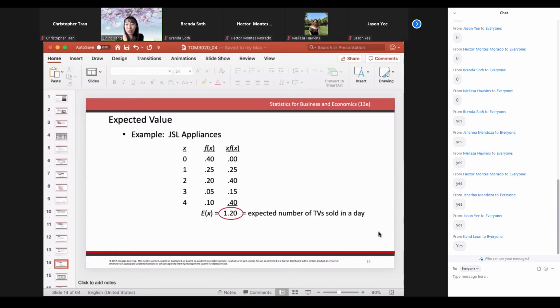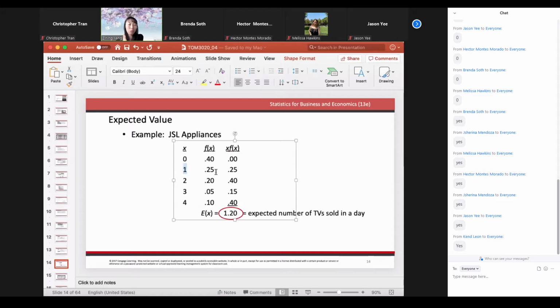And going back to this TV sales example, we see again, 40% of the chance the store sold 0 TVs, 25% of the time the store sold 1 TV, 20% of the time sold 2 TVs, and so forth. So x times f of x: at 0, times 0.4, the product is 0.